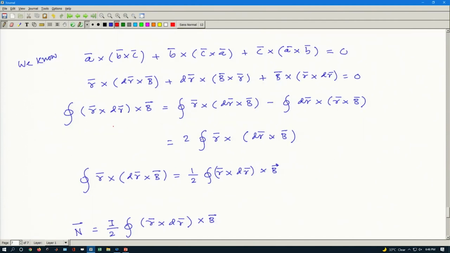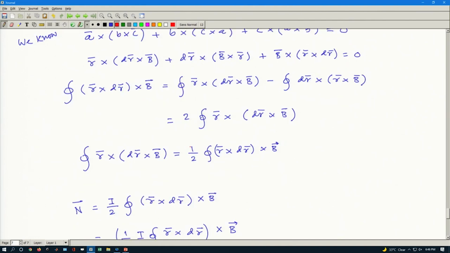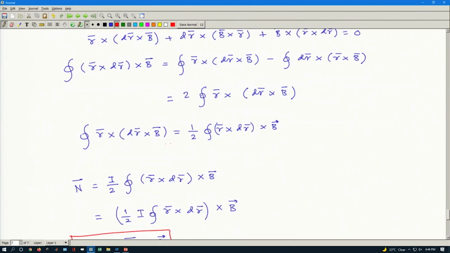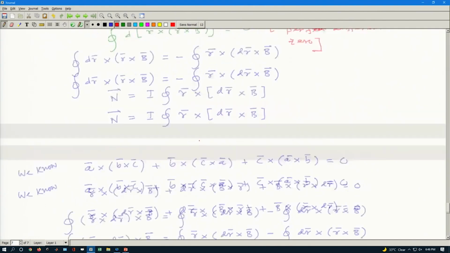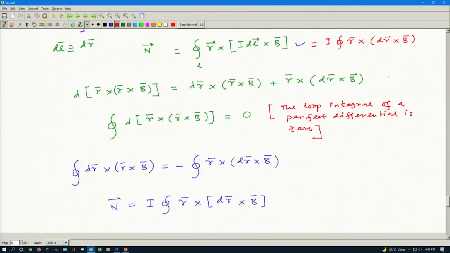When you carry forward the calculation, we find that r cross dr cross B can be represented in terms of r cross dr cross B with twice of that. So, r cross dr cross B is now half of this quantity, and then I replace this r cross dr cross B from here.